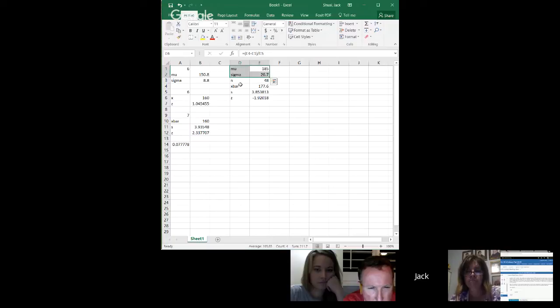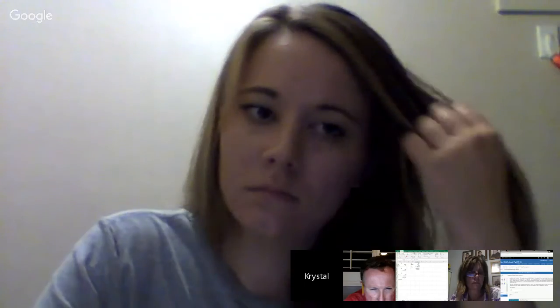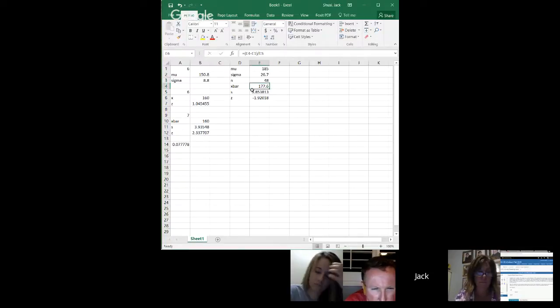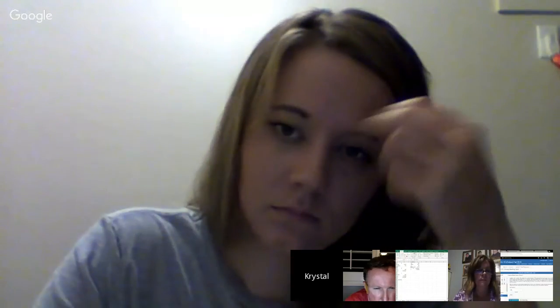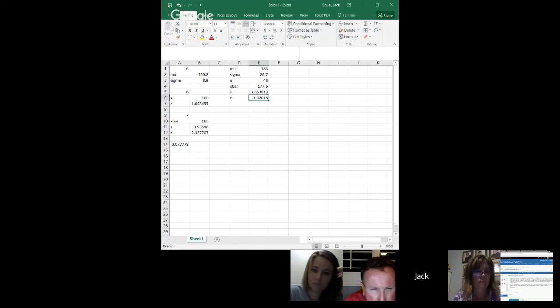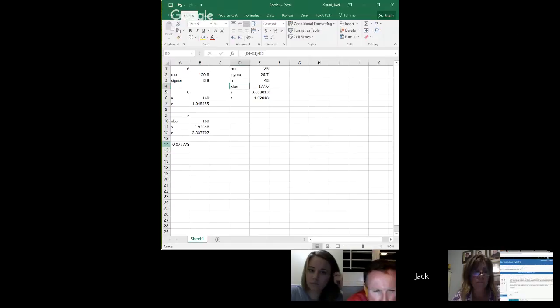Then there's a random sample of 48 passengers, so the sample size is n equals 48. For those 48 passengers, their mean weight was 177.6, so that's our sample mean. So just getting the numbers from the question, and that's probably the hardest part of this question, pulling those numbers out of the words.